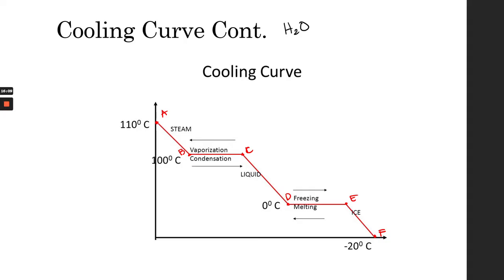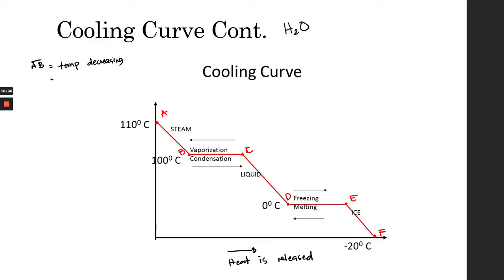Okay, so at points A to B, as you can see, the temperature is decreasing. So meaning the heat is being released. As heat is being released, the temperature decreases.